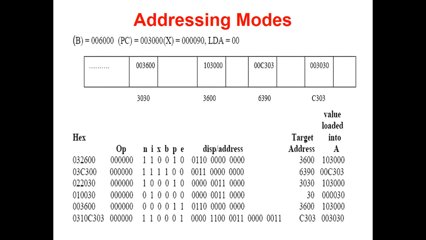Maybe you can see what you get, but I would prefer that you write it yourself. So you expand that one. Every hexadecimal digit, you write 4 bits. And then you will get, we are just looking at this first instruction here, 03 2600.